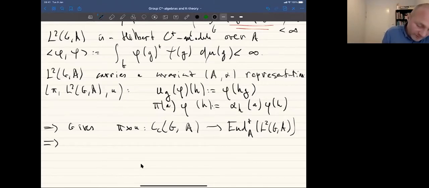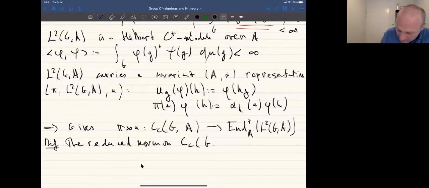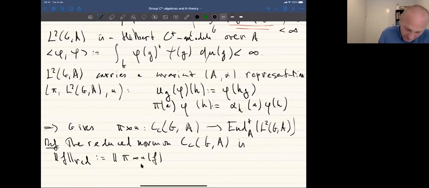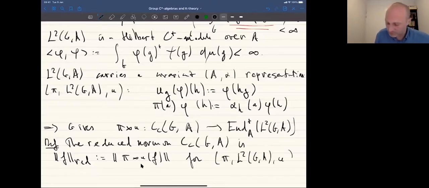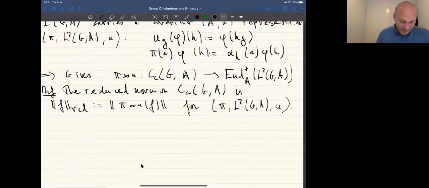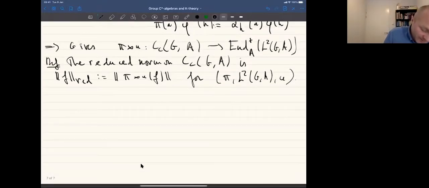And the definition is now that the reduced norm on C_c(G,A) is the norm for pi, L2(G,A), U. So for this specific representation, I'm taking the reduced norm.